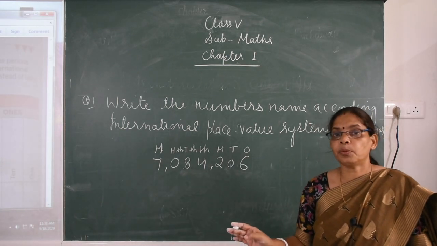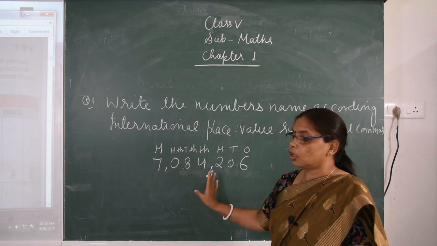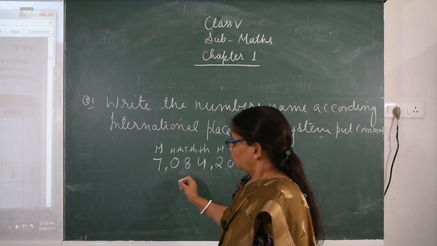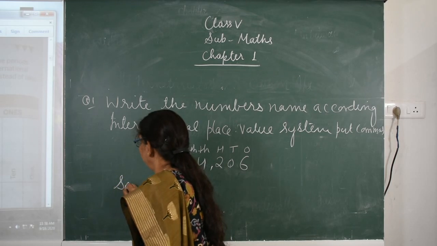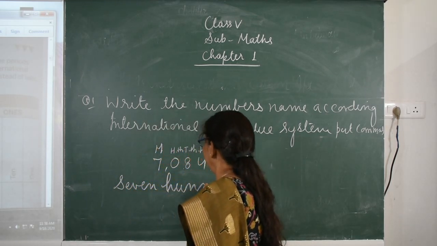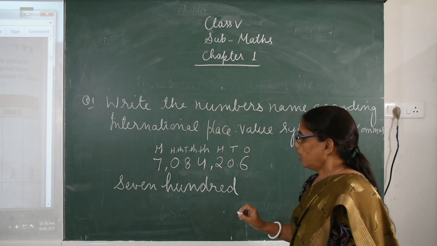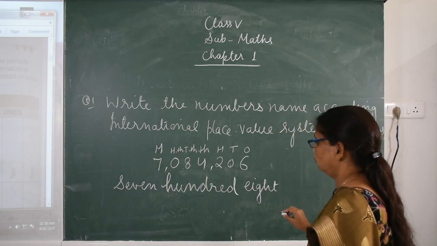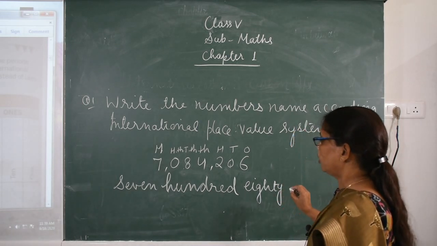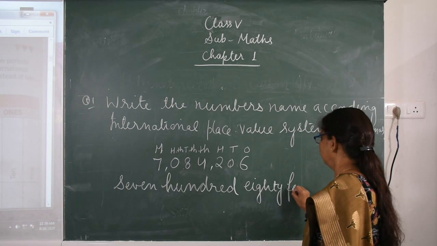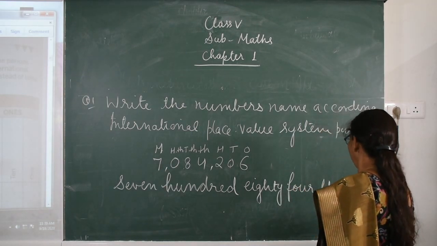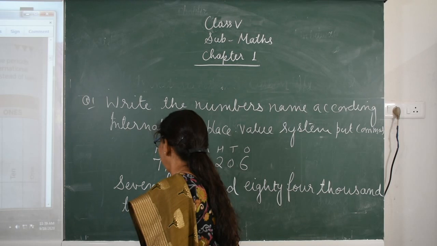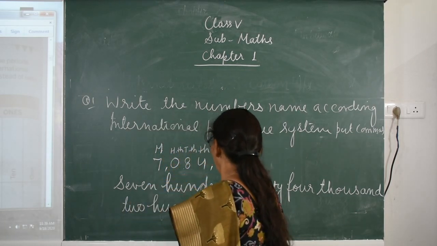In the Indian place value system, we put the comma after the first period, then after every 2 digits. So write in words: 700, 8,000, 84,000, 700, 84,000, 200 and 6.